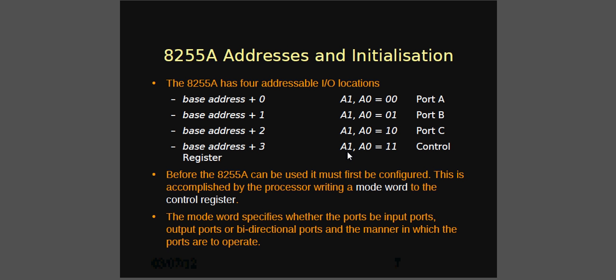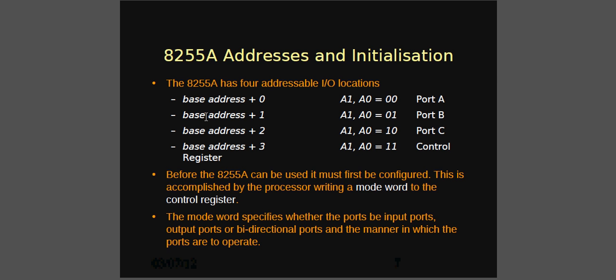This is how we communicate with the I/O by using assembly language. We have to have the base address for the I/O. Base address plus 0 is referring to port A. After this we'll see some examples of what is meant by this slide.